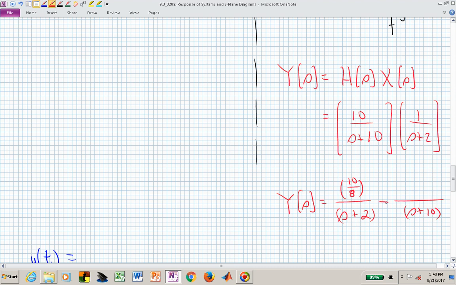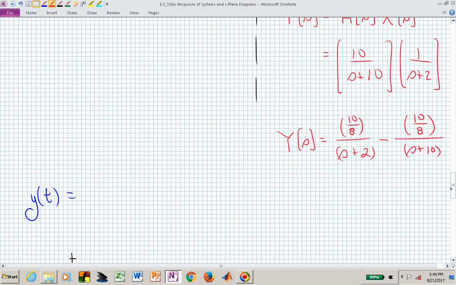But now the one associated with the s plus 10 factor is actually a negative 10 over 8, or 1 1/4. If we now have those partial fraction expansion terms for capital Y of s, we can fairly easily take this into the time domain.